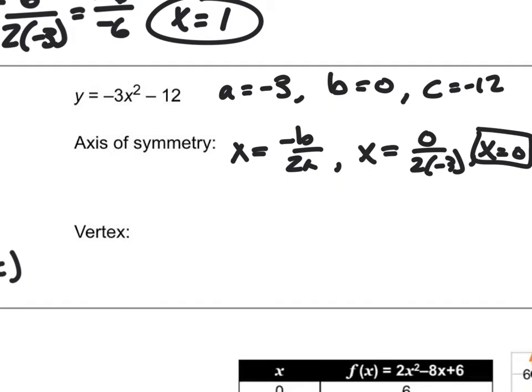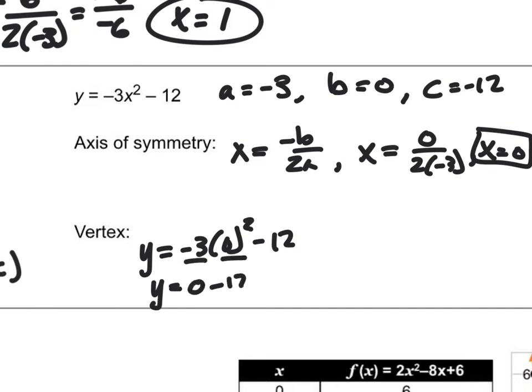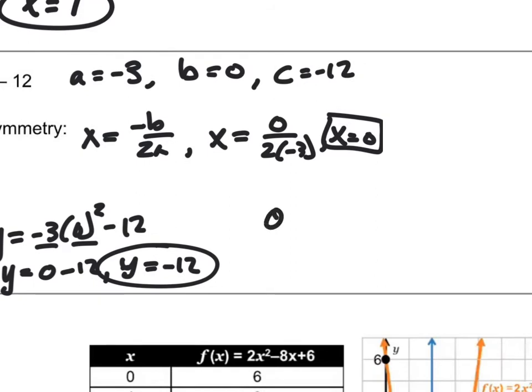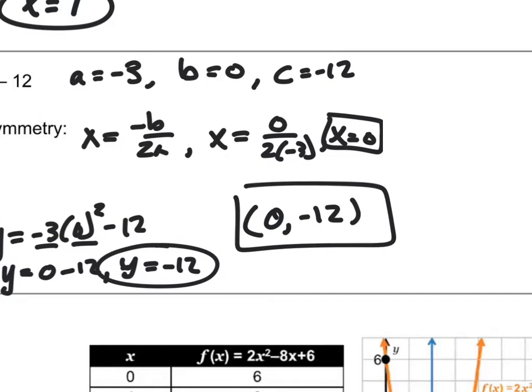All right, then our vertex, we're going to plug in 0 into that function, and we're going to get -3 times 0 squared minus 12. And so we get y, -3 times 0 is just going to give us 0, so we get 0 minus 12. So we just get that y is equal to -12. So our vertex is at the point (0, -12). And that's what we're looking for, okay?